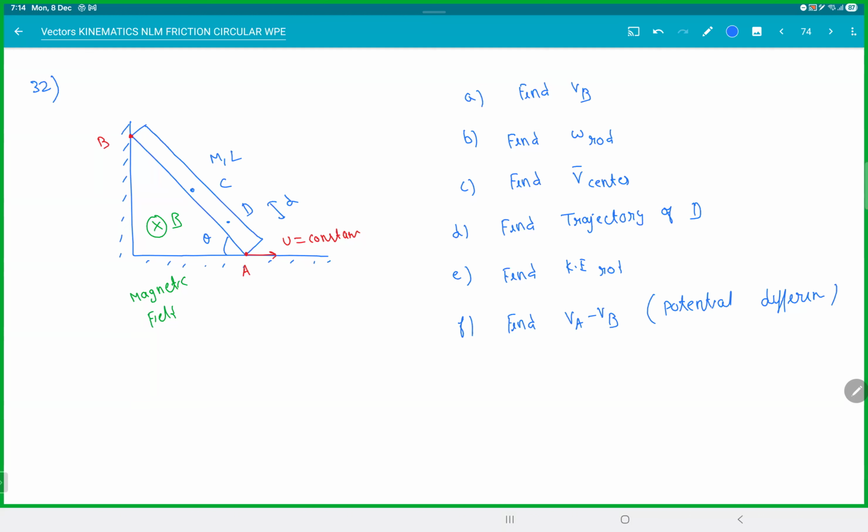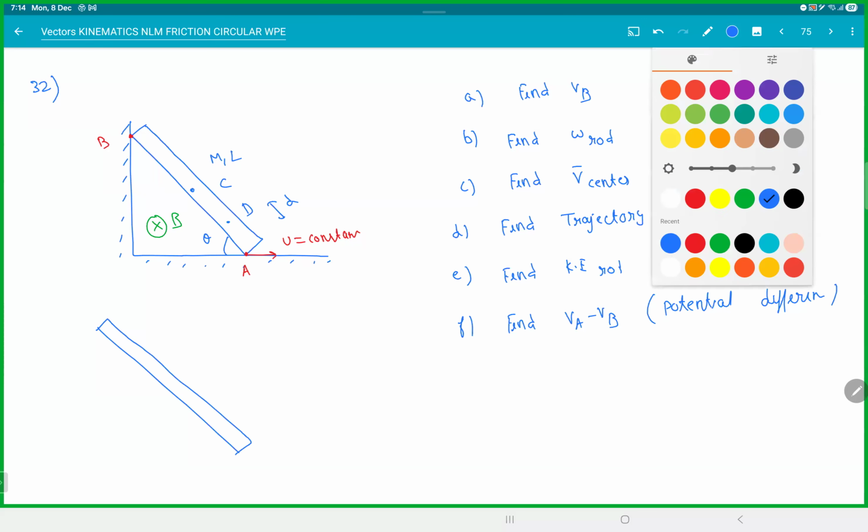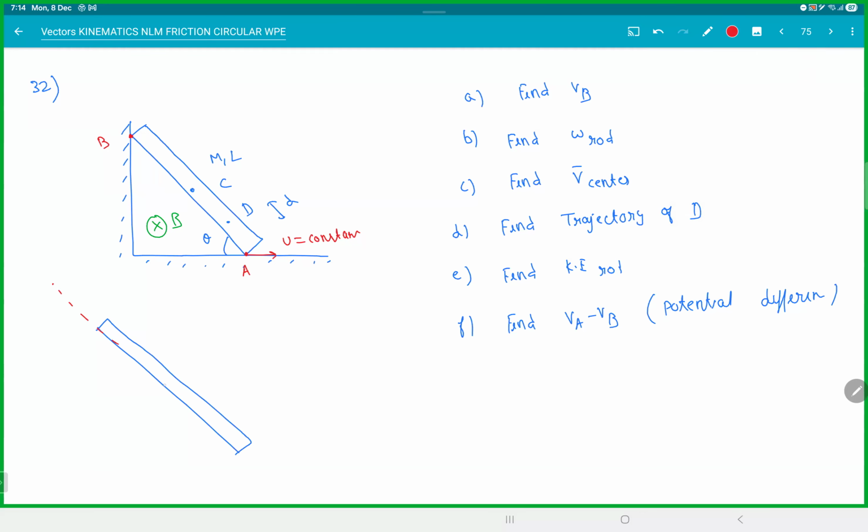VB is easy. Hope you got that. B will be going down. That's a standard thing, rigid body constraint. If there are 2 points on a rigid body, the velocity along the rod must be the same. Why? Or else the rod will either stretch or compress. So this is theta.